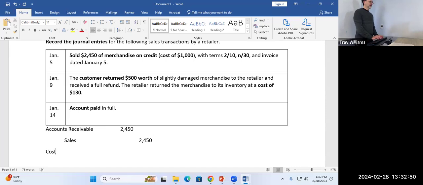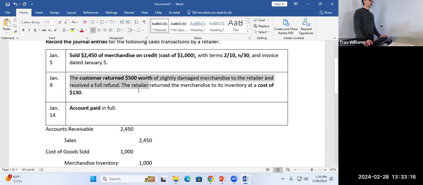Cost of goods sold. Exactly. That is how much? 1,000. And what is our other credit? Merchandise inventory. Thank you, Susanna. Okay, so that journal entry looks something like that, right?